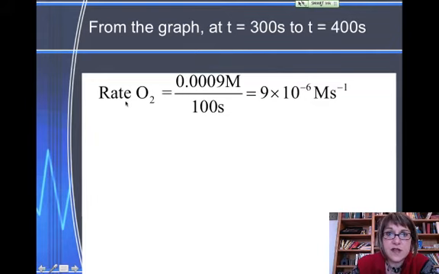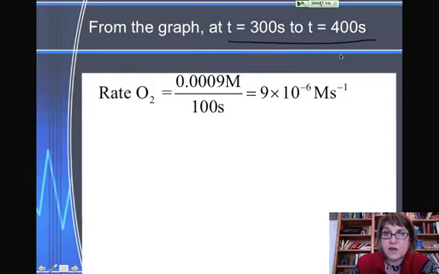So first of all, if we consider only the time from 300 seconds to 400 seconds, the change in concentration is final minus initial. For the rate of oxygen change, we take the oxygen concentration at 400 seconds minus 300 seconds.